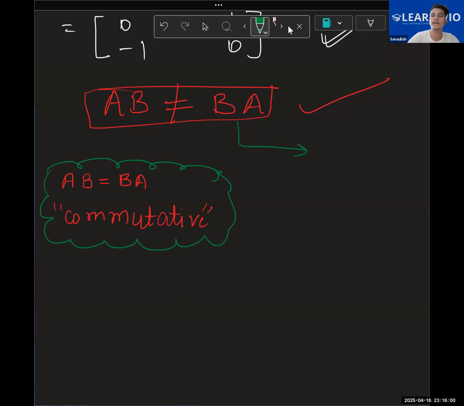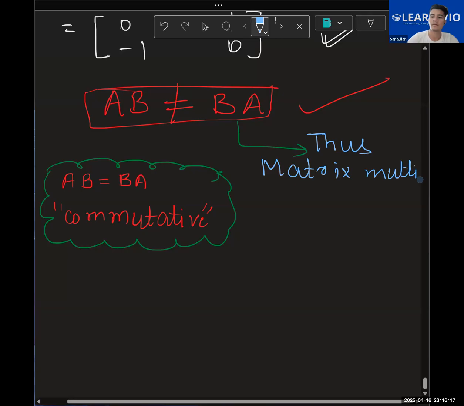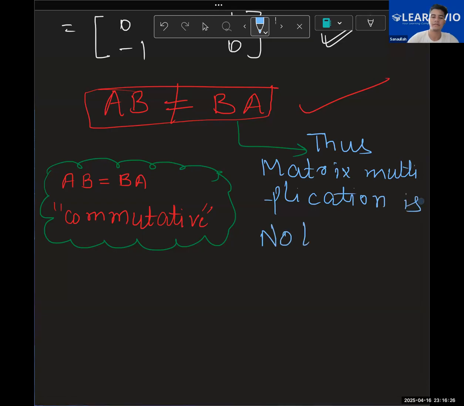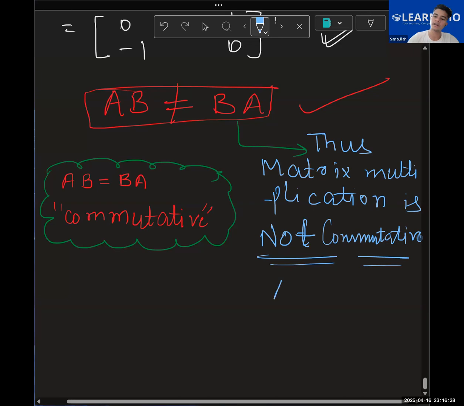But for matrix multiplication, what will you write? Matrix multiplication is not commutative. Understood? Matrix multiplication is not commutative. That means you can't write AB is equal to BA.